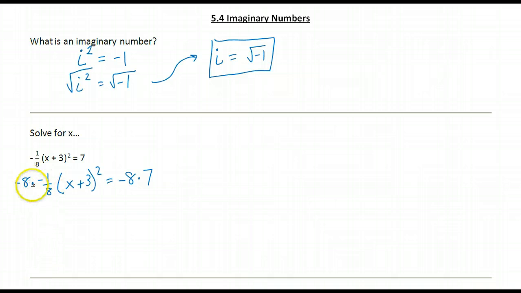Since these two are inverses of each other, they're going to undo each other, and I'm left with just x plus 3 squared equals -56. Now I need to get rid of this squared before I can get rid of this plus 3. To get rid of this squared, I'm going to take the square root of both sides of my equal sign.